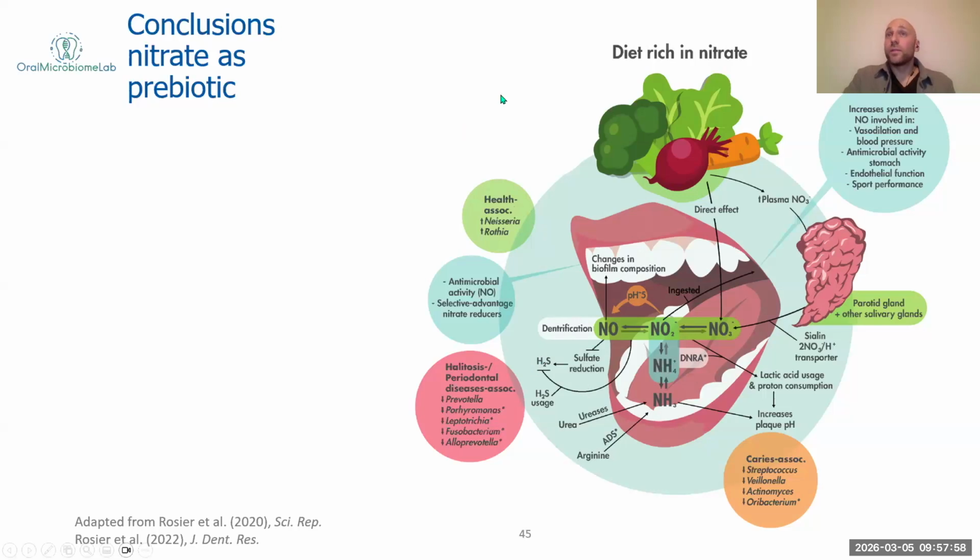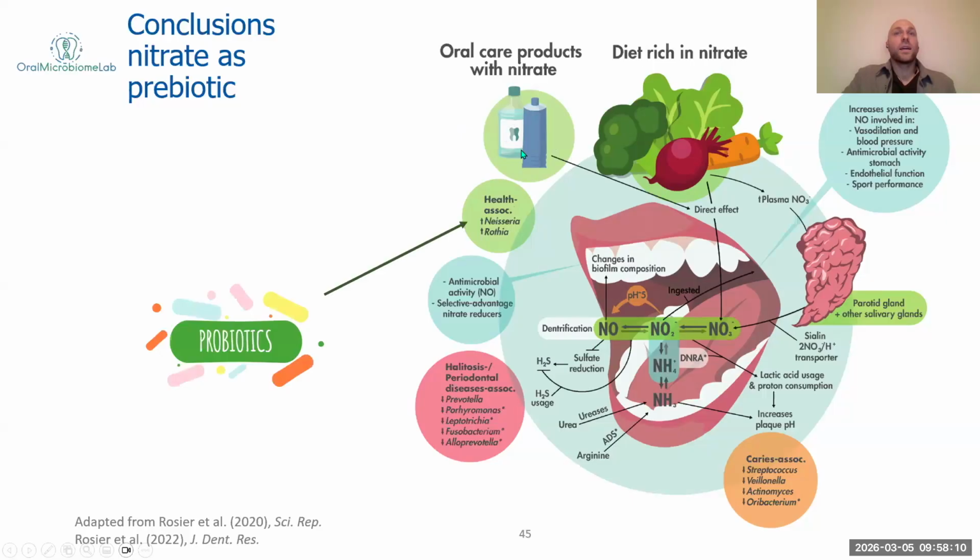Apart from consuming vegetables with nitrates, we could also stimulate nitrate metabolism by adding nitrate to oral hygiene products. And this is something that we are exploring with a company now. And we could also use nitrate-reducing bacteria as probiotics that could potentially stimulate this metabolism.